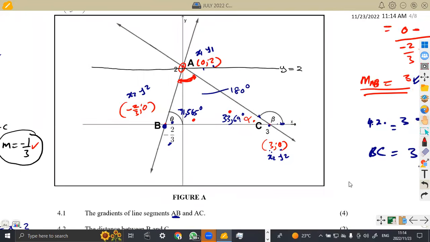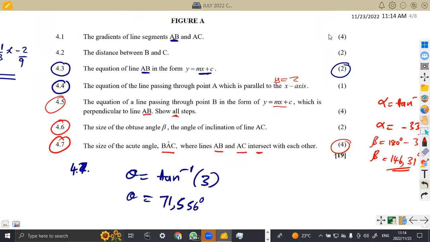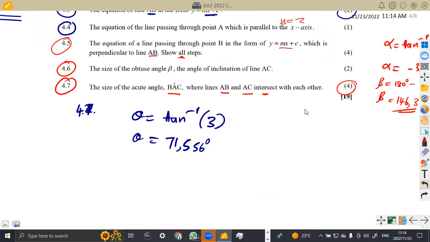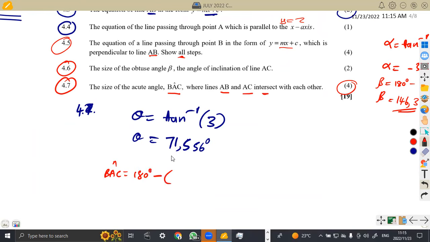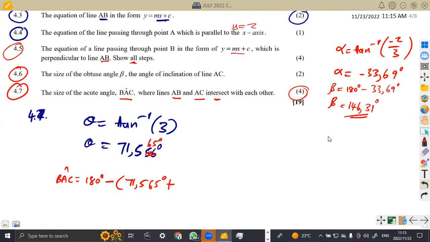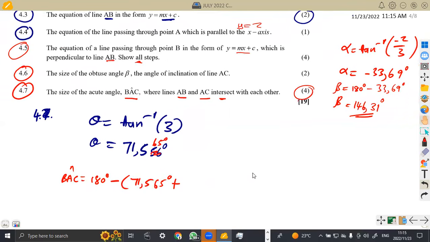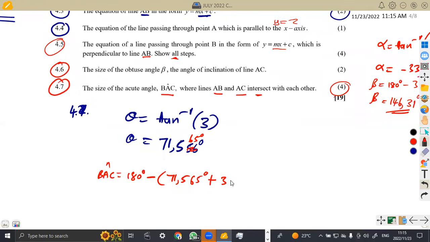Angle BAC is going to be 180 degrees minus the two angles that we have, which is 71.565 degrees plus the other angle that we got, which was 33.69 degrees.